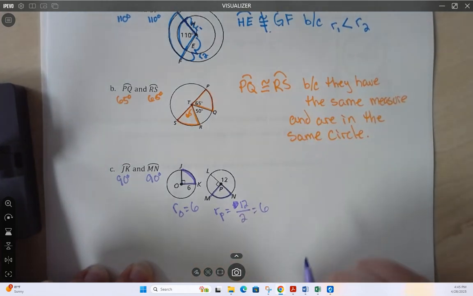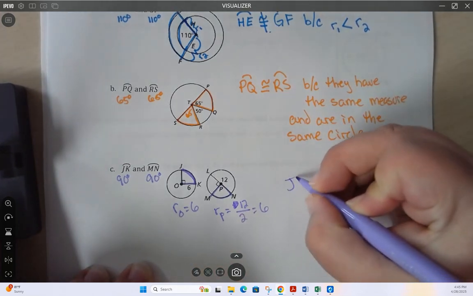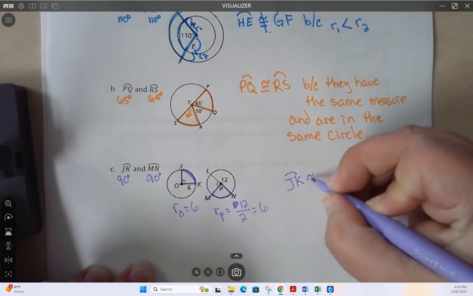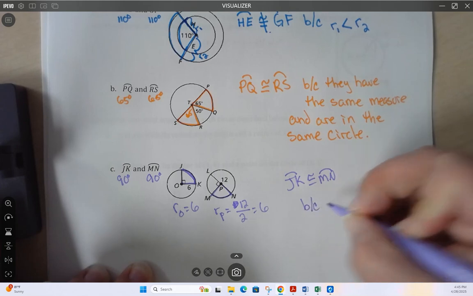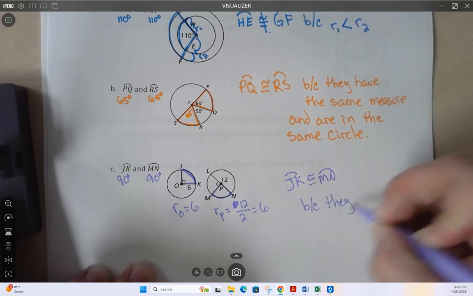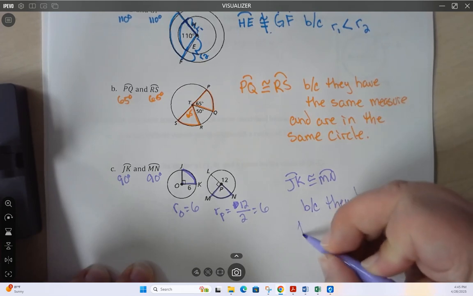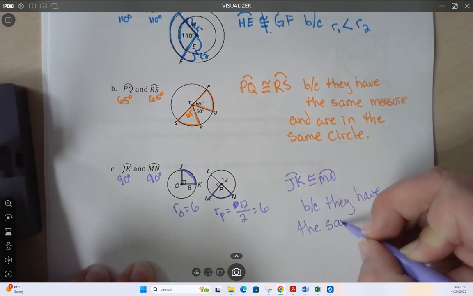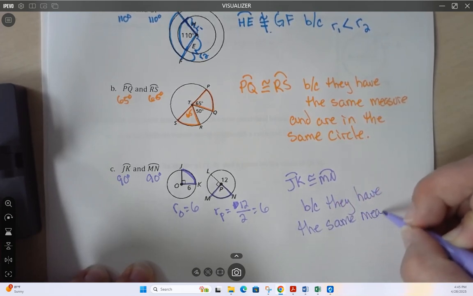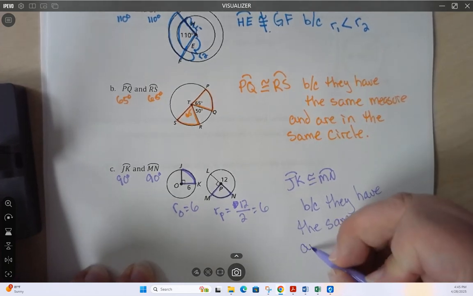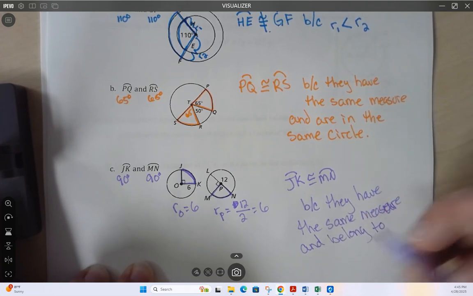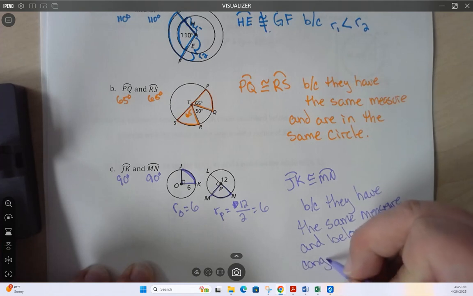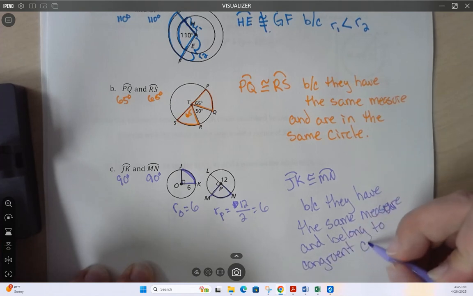So they have the same radius, which means that JK is congruent to MN because they have the same measure and belong to congruent circles.